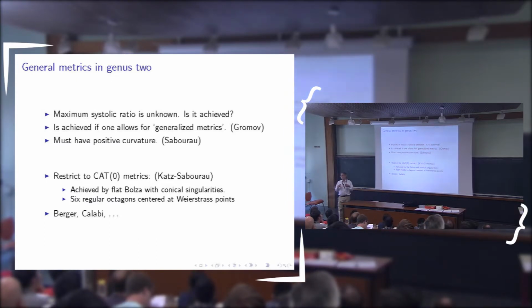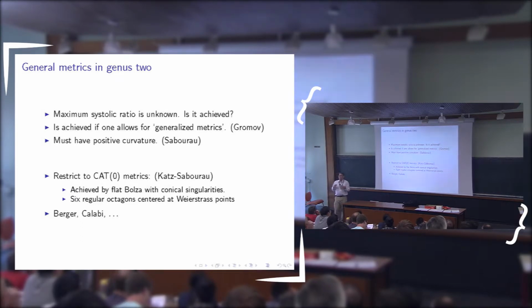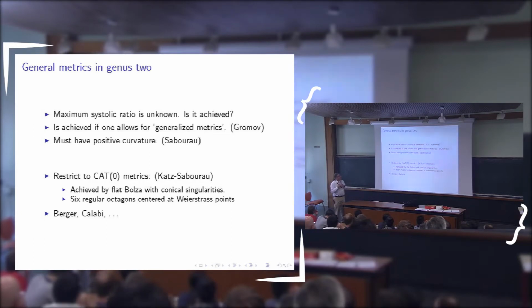And it was thought for a while, including by Berger, that what you should see, a possible maximum among all metrics, so I'm going outside the Riemannian context, but slightly, is that you should see flat metrics with cone point singularities. Saburo, okay, he's in Paris, proved that, in fact, you have to have some positive curvature for this.